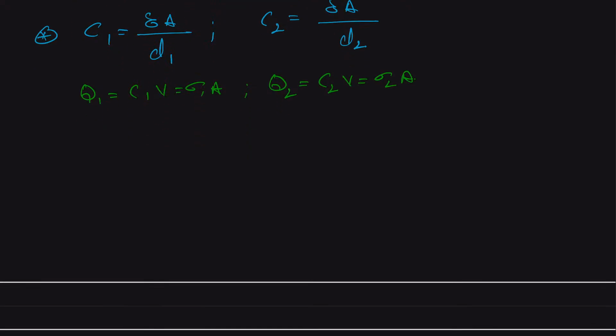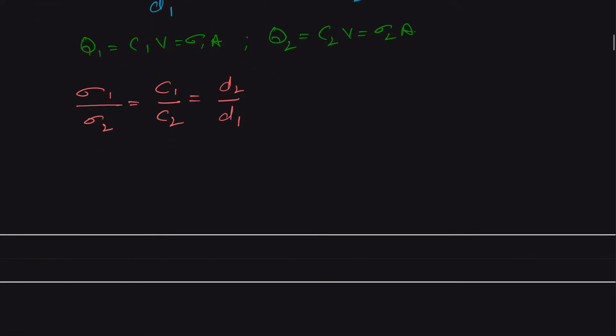And we can simply take the ratio, and from here we can say that our rho 1 upon rho 2 is equal to C1 upon C2, which is equal to D2 upon D1. So we can just derive this part.